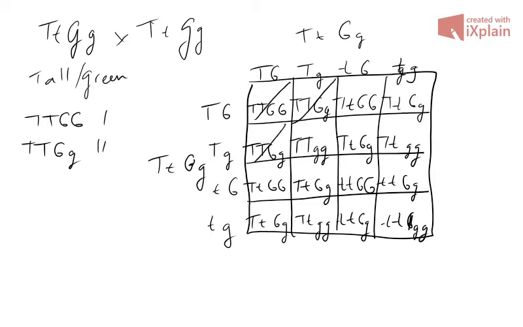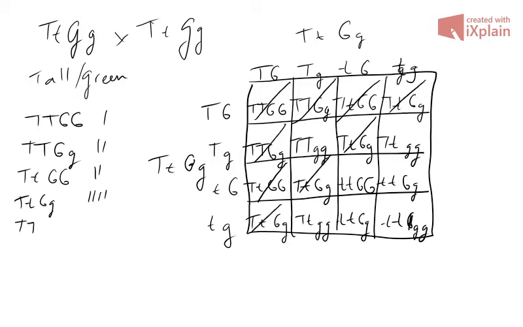So we have two of those. Then big T, little t, big G, big G, and we have one here and one here. So we have two of those. Then we have one that's hybrid for both. And we have 1, 2, 3, 4 of those.